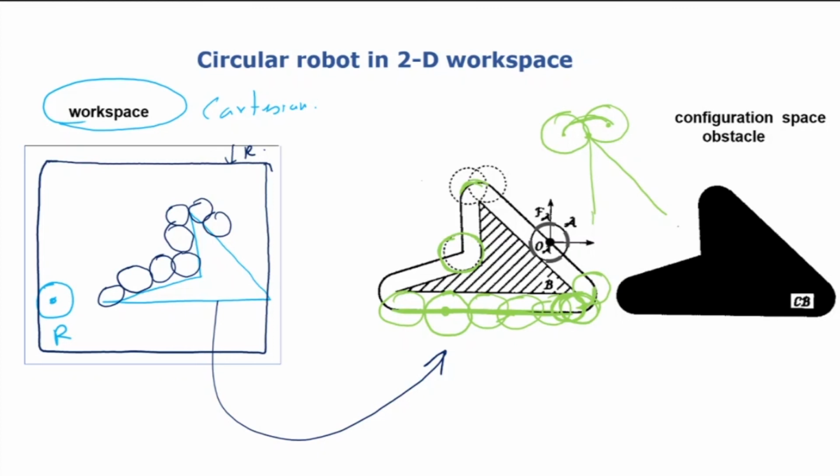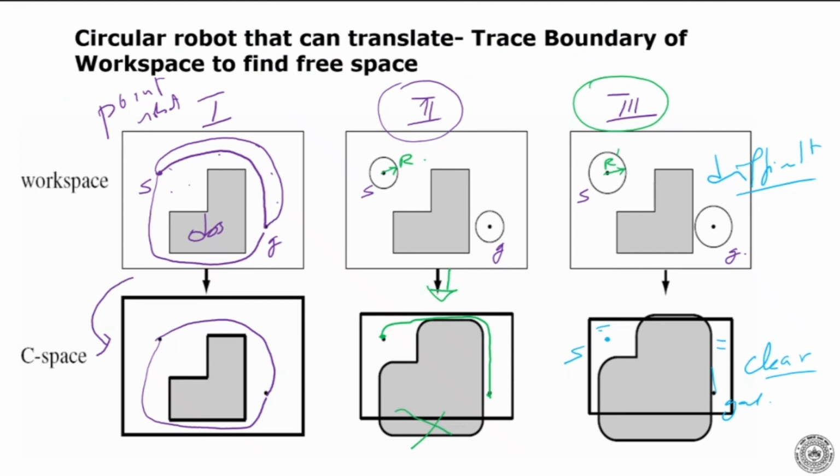So you see the shape of the C space obstacle is that there are curves wherever there are sharp corners. You can see that there is a sharp corner here. There are curves on this side. So now we understand how to expand the shape of the obstacle. Exactly the same thing I did here. When you look here, there is a sharp corner. So what happens here? You can go and sit on that point actually, right?